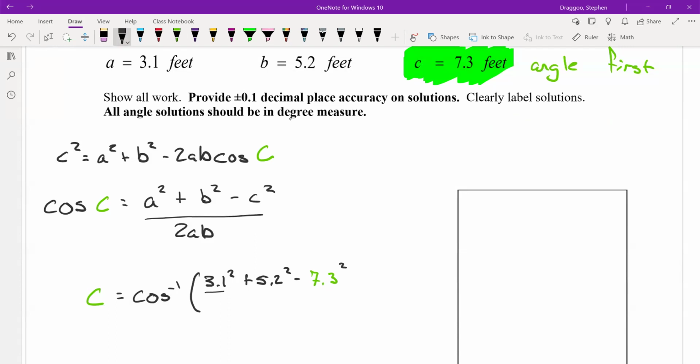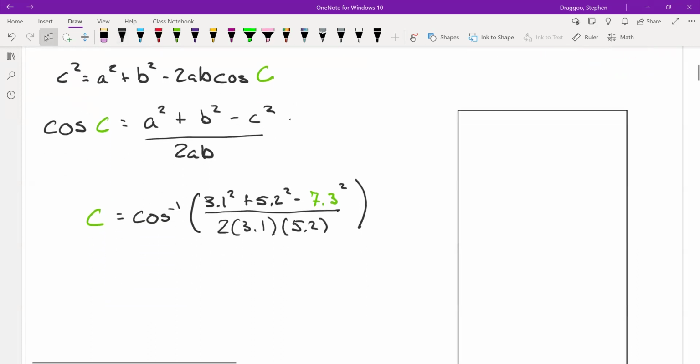Divide the whole thing by 2 times the side lengths that are not c, so a and b, 3.1 and 5.2. And throw all that into a calculator. I did that ahead of time. I got 121.1 degrees. C is 121.1 degrees.